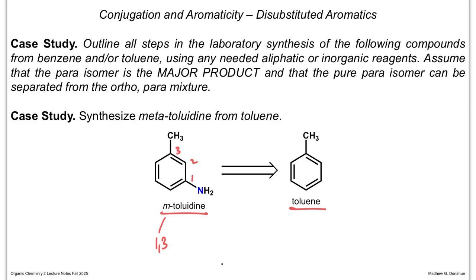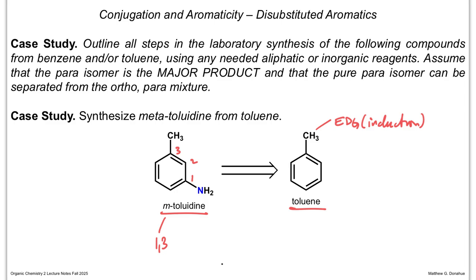When we just visually look, we can see that the methyl group is already in place. So toluene provides us with that methyl group. What is the issue of starting with toluene? The alkyl group is electron donating through induction.